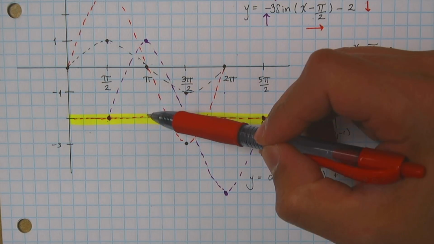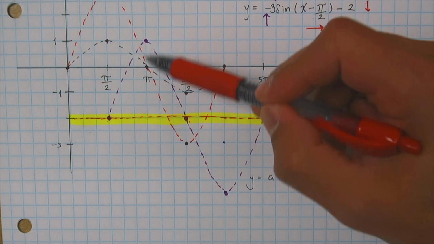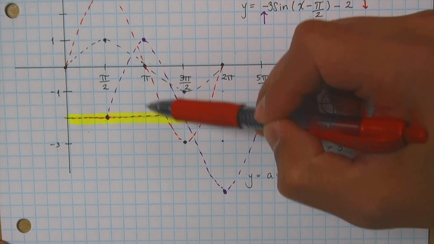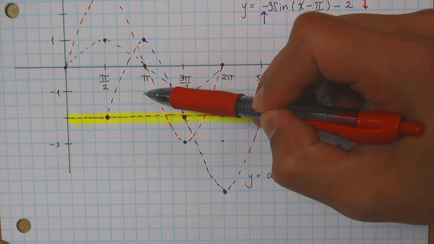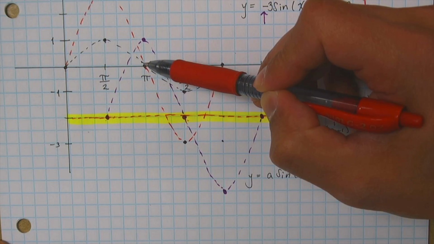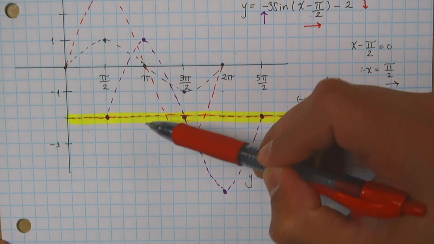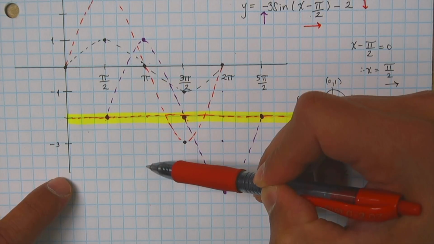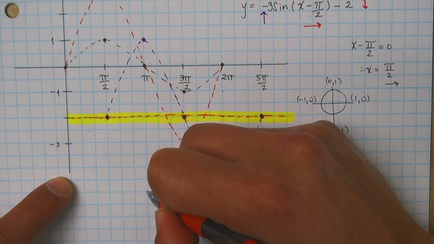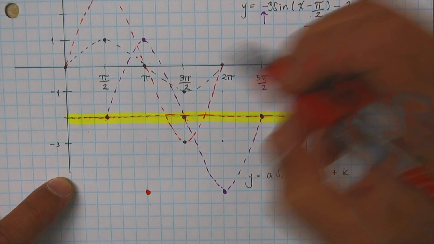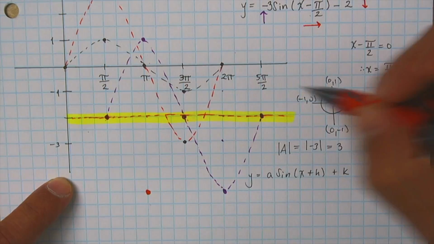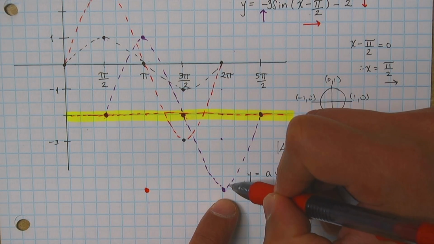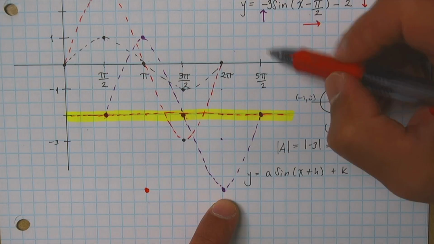All you have to do is measure this distance, which we call the amplitude. From this dot to the midline looks like 1, 2, and 3 units. So down from the midline is going to be 3 units. So 1, 2, 3 units right here. Here it is. Now these anchor points are going to stay. And then this one here, if the amplitude is 3, it's still going to be 3 units.